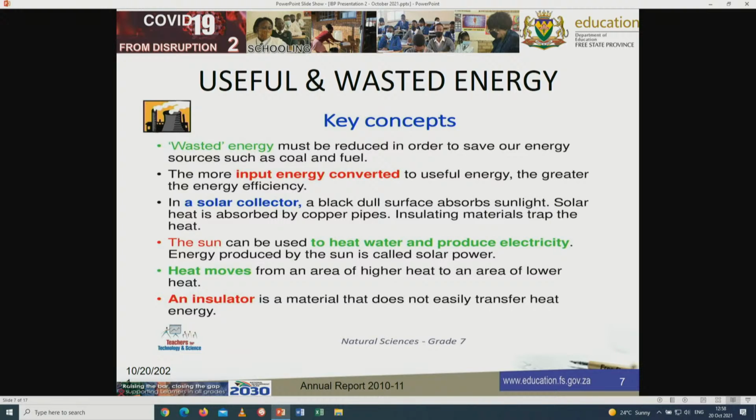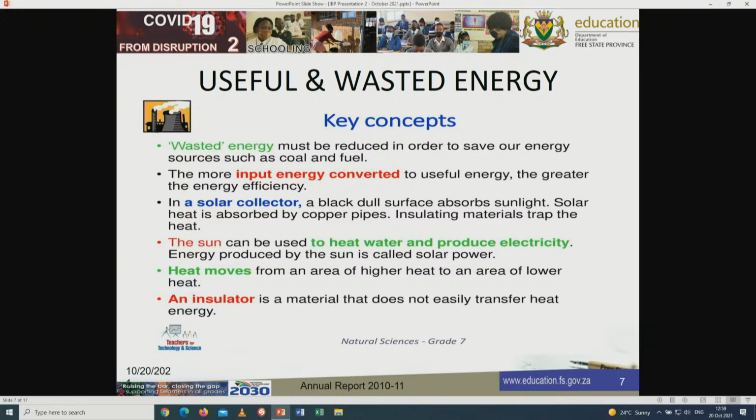I like this sticker that always says, if you don't use your geyser, switch it off. If you don't use a geyser at home, switch it off. Where possible, during the day, switch off the lights. One way or the other, you are saving energy by so doing.